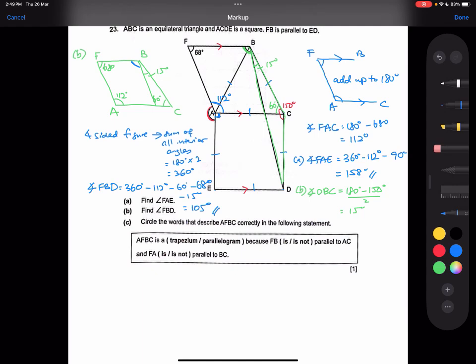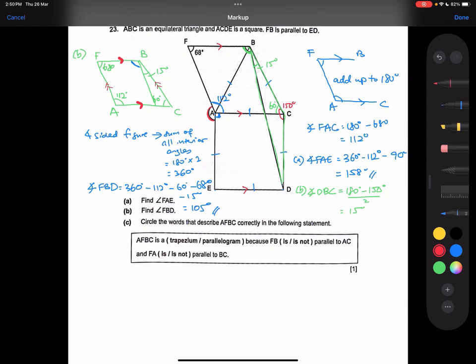Now, in order for this diagram to be a parallelogram, you need FB to be parallel. You also need this side, the other side, to be parallel.